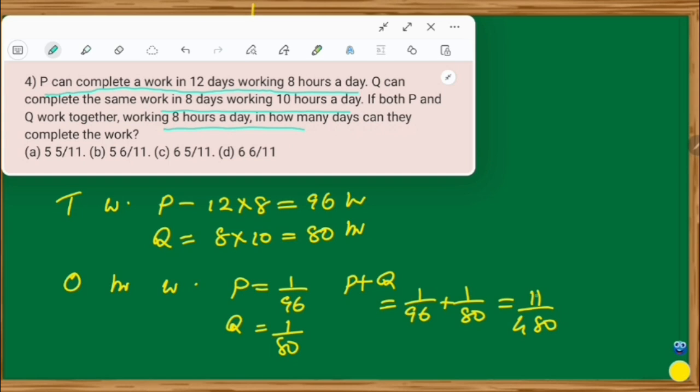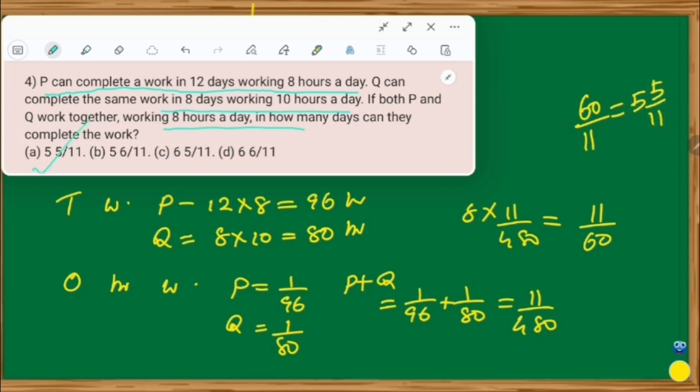Therefore, total 1 day work of P and Q is equal to 8 into 11 by 480. That's equal to 11 by 60. 11 by 60 part of the work is done by P and Q in 1 day. Therefore, total number of days is equal to 60 by 11. That's equal to 5 5/11. So, the first one is the correct answer.